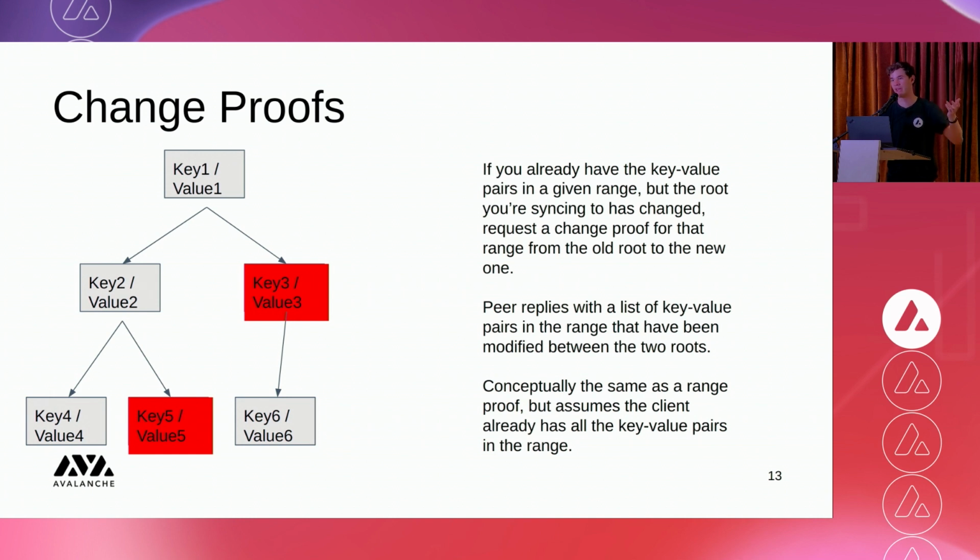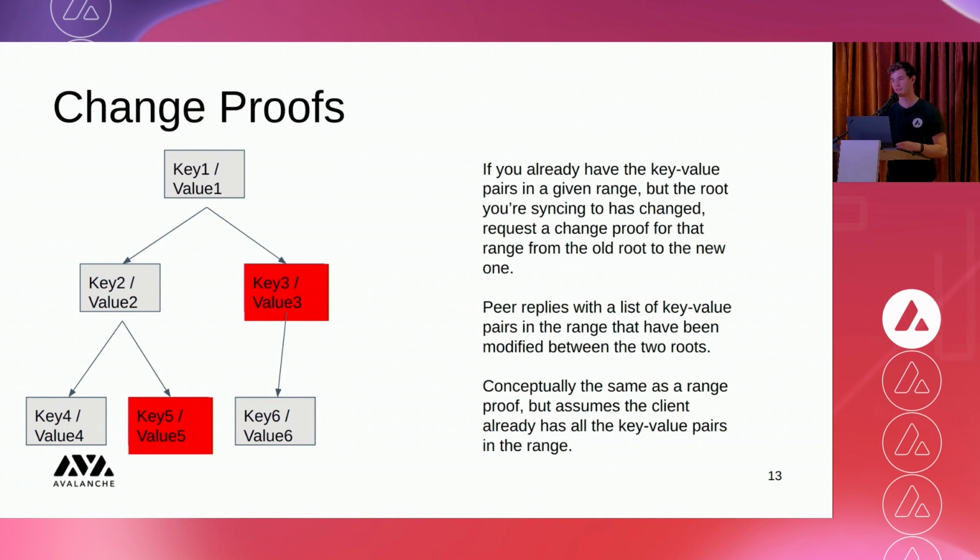So I'm basically asking you for a diff between some snapshot of the database and some other snapshot of the database. And all you have to do is give me the same things as before, right? You give me a start proof for the smallest key, a Merkle proof for the largest key, and then you just tell me what changed in the middle.